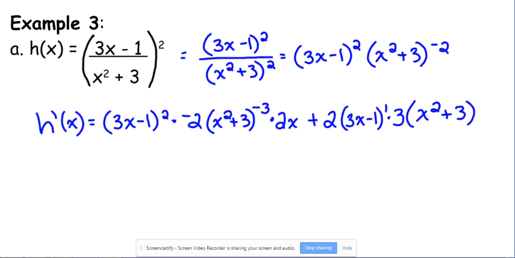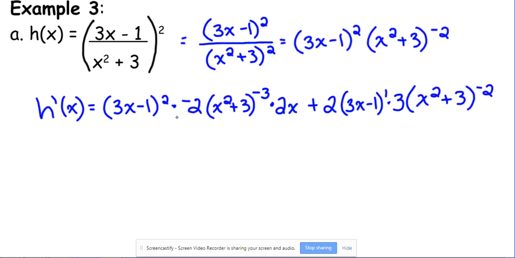Okay, what happens when people are doing this is they tend to leave off the details. They're not used to having expressions this long, and after they apply the chain rule right here, they'll forget to multiply by the second term. Okay, so please, please, please do not rush through these problems. Take your time and make sure that you're getting each and every rule that you're supposed to be applying.